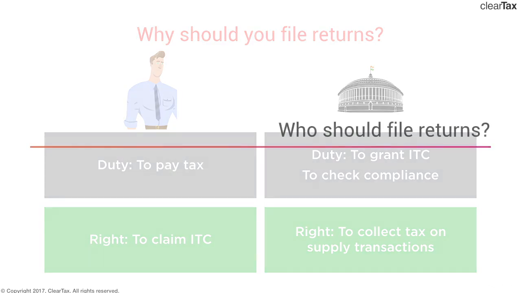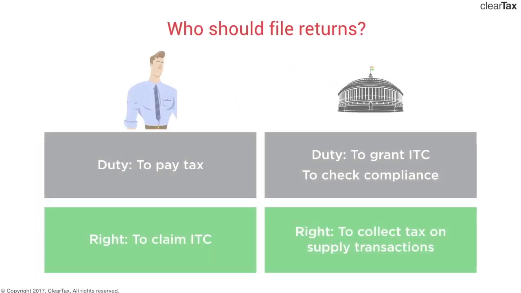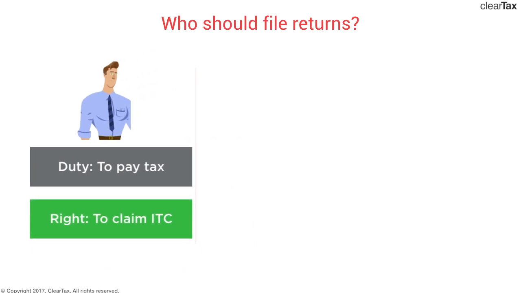Now that we've understood what returns are trying to achieve, let's now go into who is required to file these returns. Now we saw the driving factor for filing returns for a taxpayer is that he has the duty to pay tax and the right to claim input tax credit.